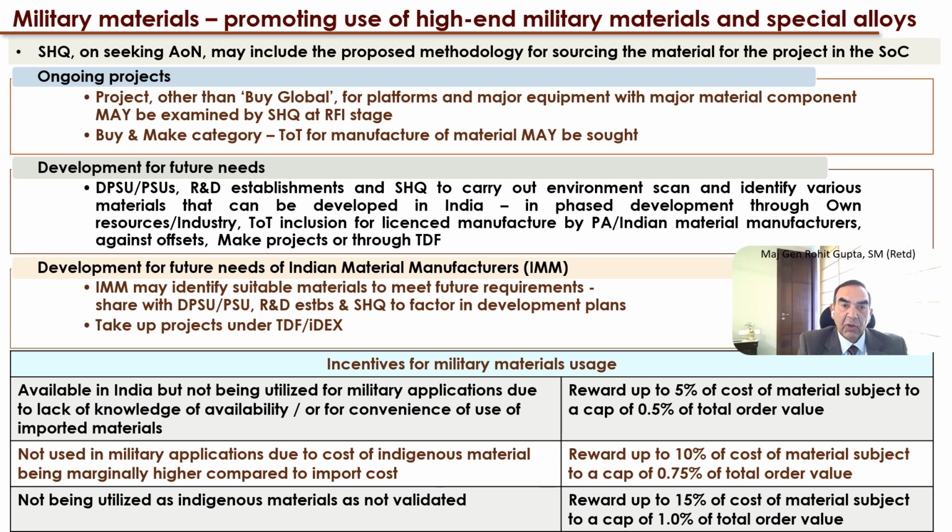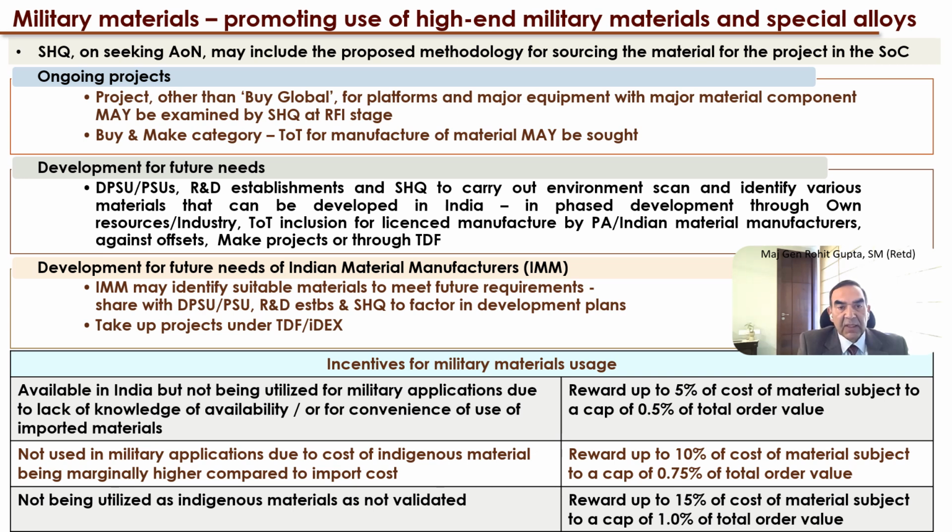For the case of ongoing projects, which are other than buy global, wherever they are platforms and major equipment with major material components, these may be examined by the SHQ right at the ab initio stage, that is the RFI stage, request for information stage. In the buy and make category, transfer of technology from the foreign vendor for the manufacture of material in India can be sought.